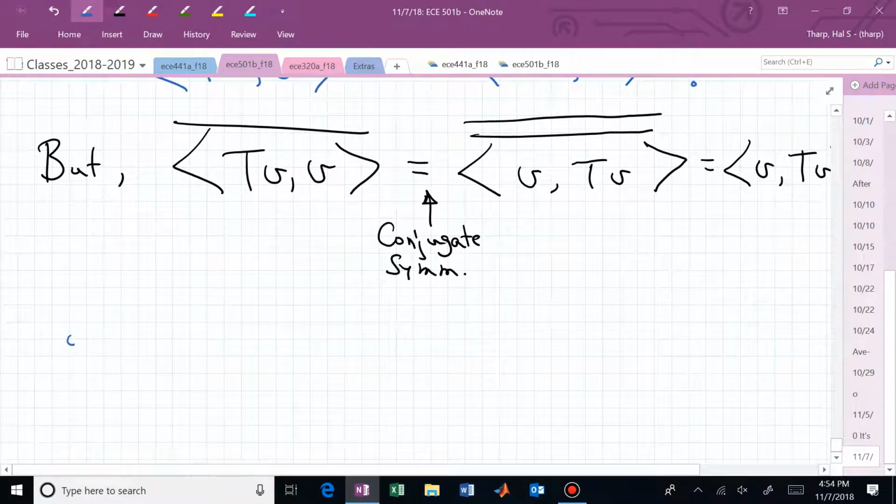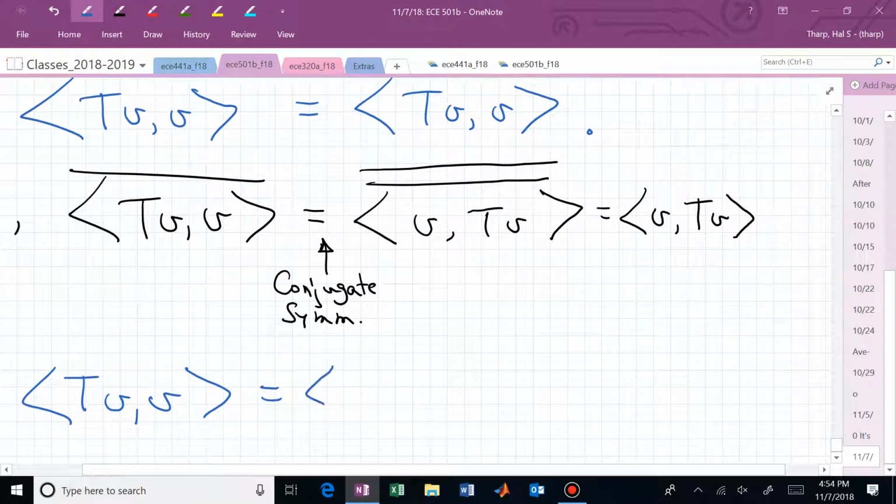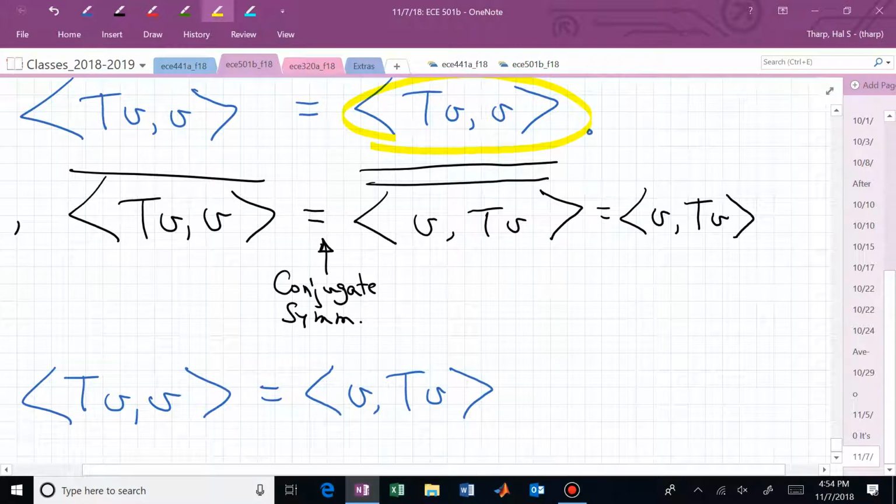Therefore, TVV inner product, that was the top one, is equal to the inner product of V and TV. That's from this and that.